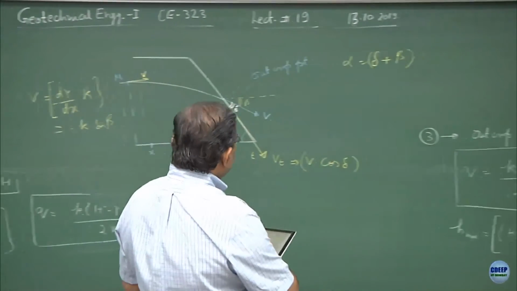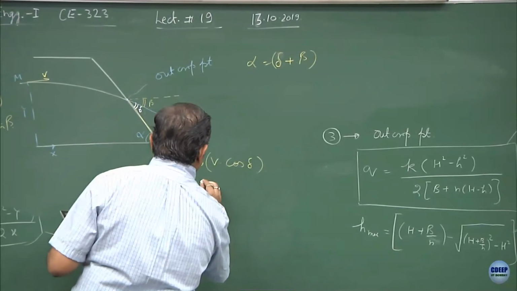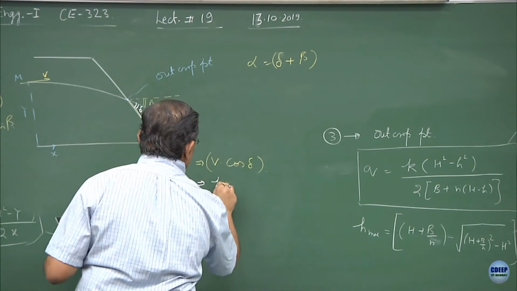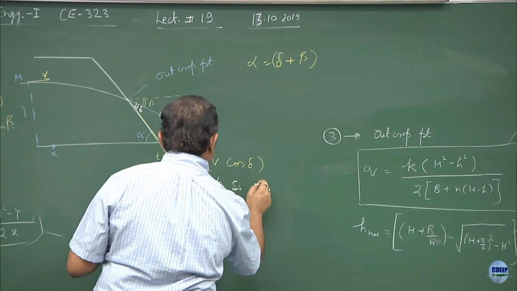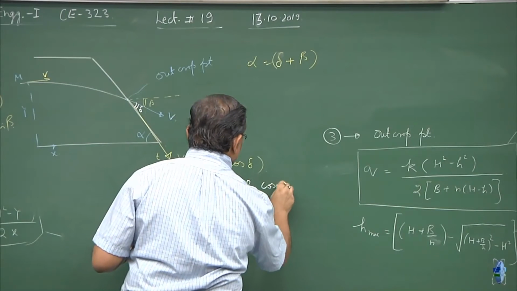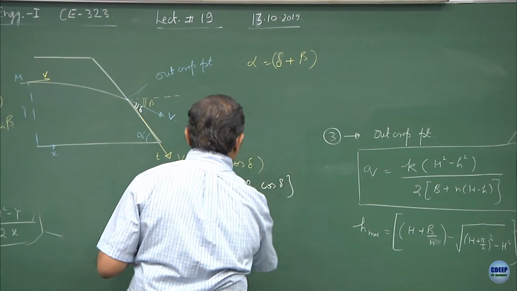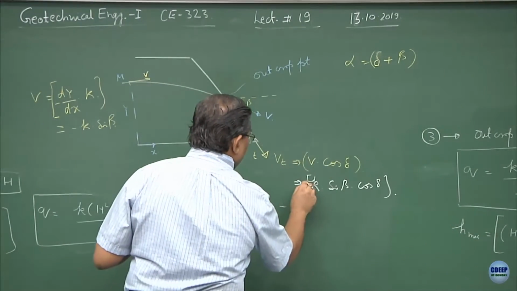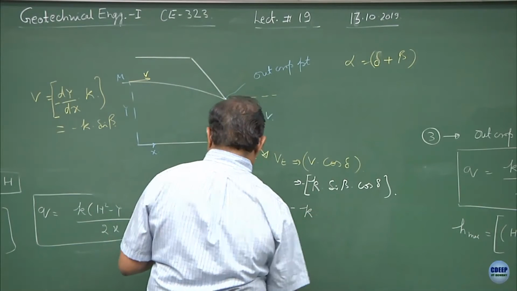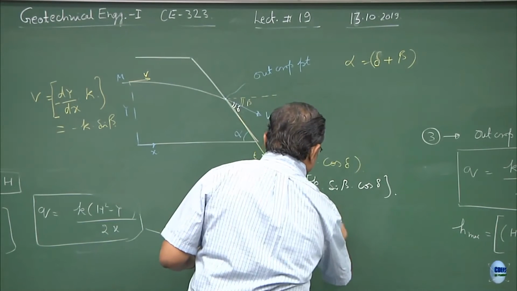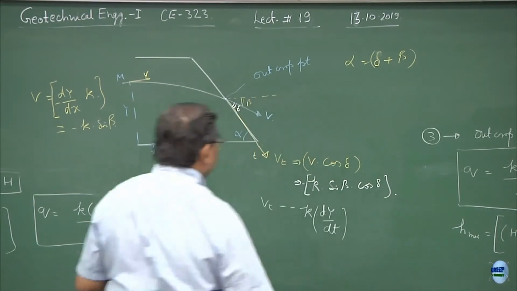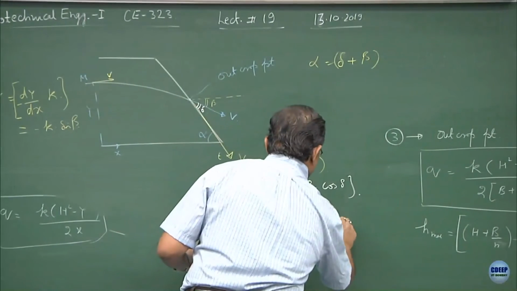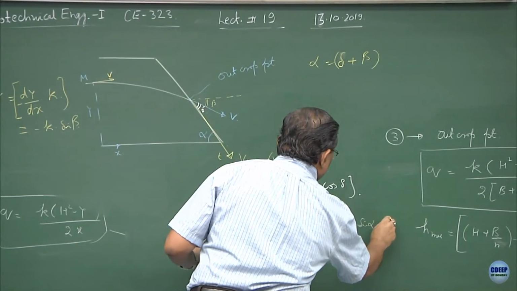Now, what we will do is, having done this, I will substitute the value of this V which I have obtained from here. So, this becomes V sin of beta into cos of delta. I can also obtain a term here Vt as minus k into dy by dt, and this will be equal to minus k into sin alpha.